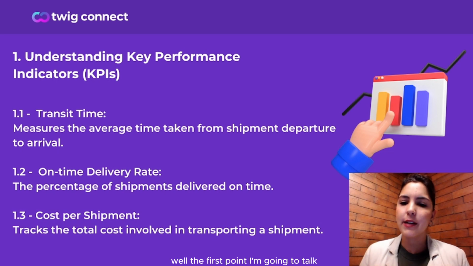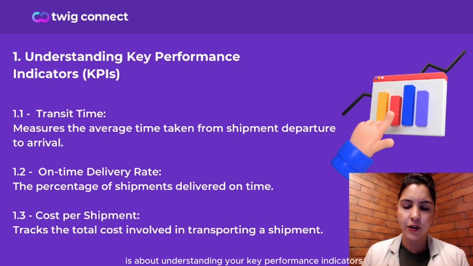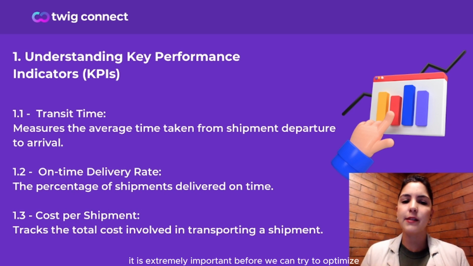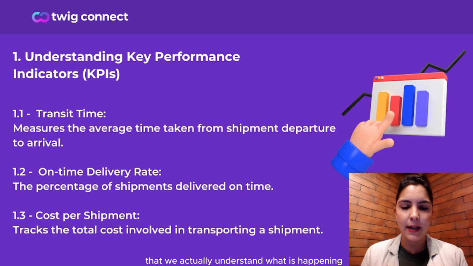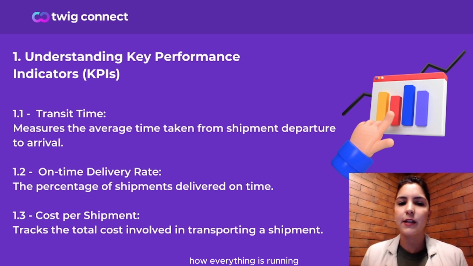The first point I'm going to talk to you about is understanding your key performance indicators. It is extremely important, before we try to optimize our commercial department, that we understand what is happening with our operations, how everything is running.